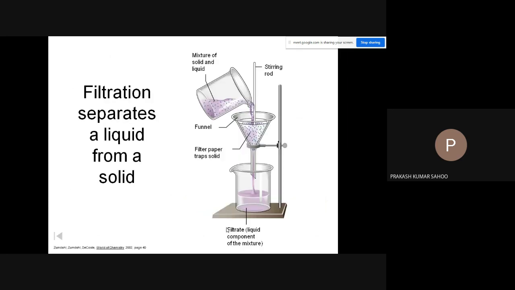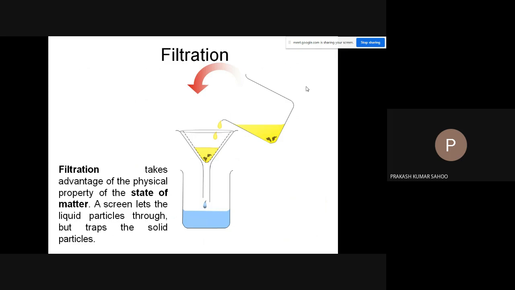purified. Okay, then we have filtration, which separates a liquid from a solid, as I have already explained. This is just a simple filtration process, used mostly in scientific experiments for separation. Filtration takes advantage of the physical property of the states of matter.